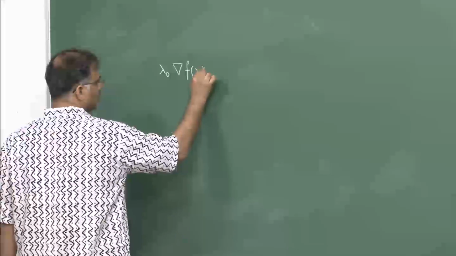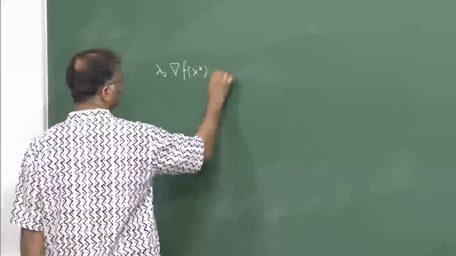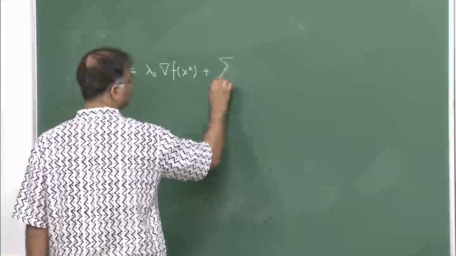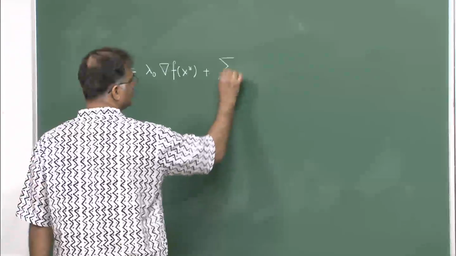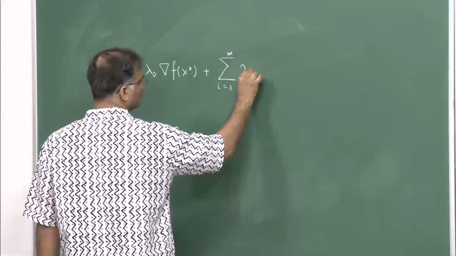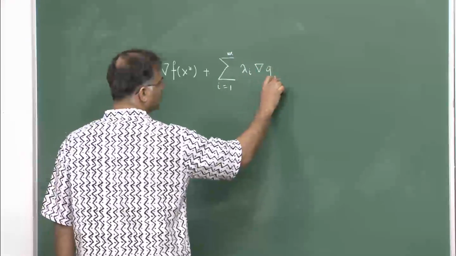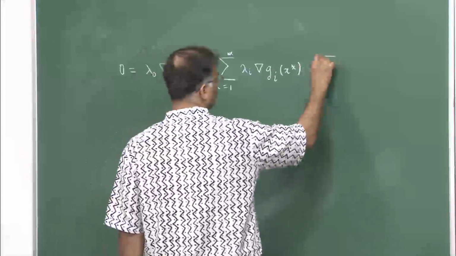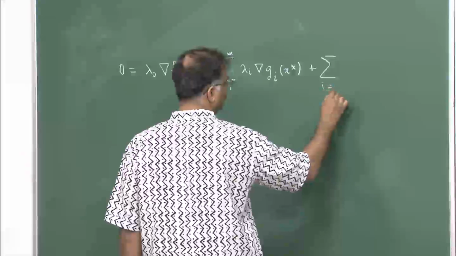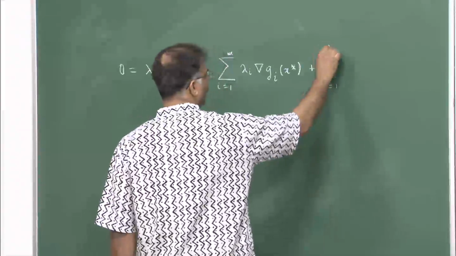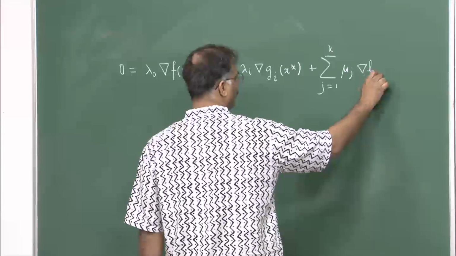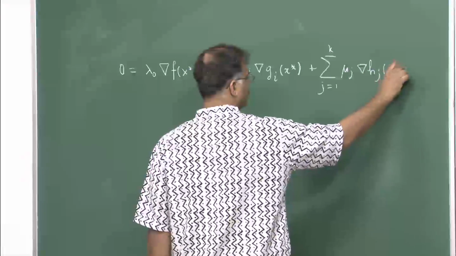If x star is my solution, a local minimum, then the John condition says that this expression is equal to 0: lambda naught grad f x star plus the summation of lambda i grad g i x star plus the summation for j equal to 1 to k of mu j grad h j x star.